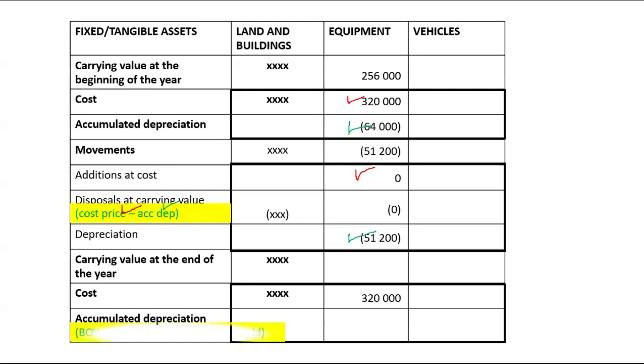So accumulated depreciation here will be 64,000 plus 51,200, which will give us 115,200. Carrying value at the end will be 320,000 minus 115,200, which will be 204,800.